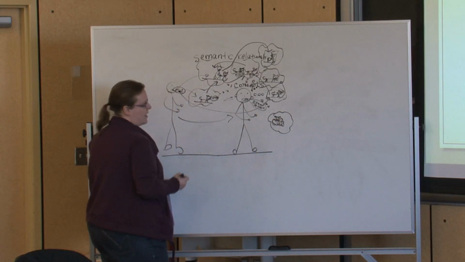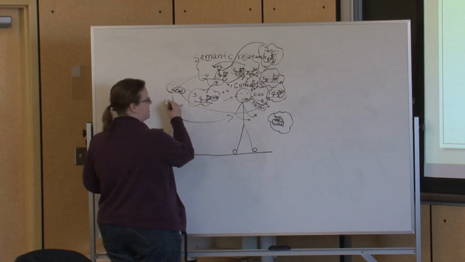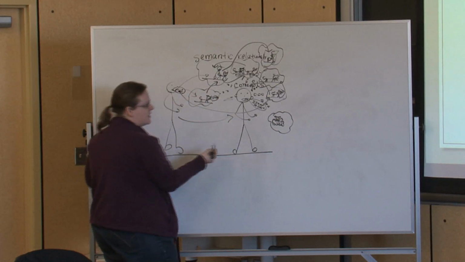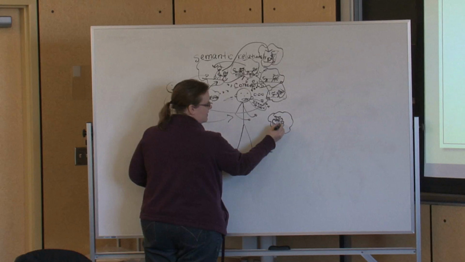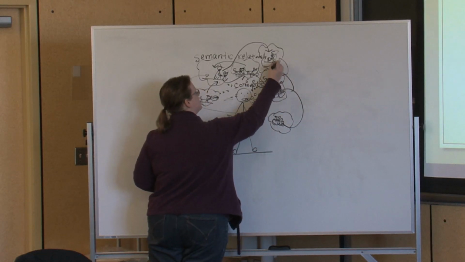Okay? And this learner, because he's got all of these interconnected semantic relationships over time that have been labeled and tagged by an outside agent, which is the adult, can now take this idea and connect it to their concepts.